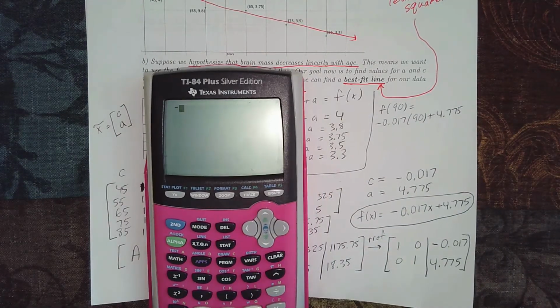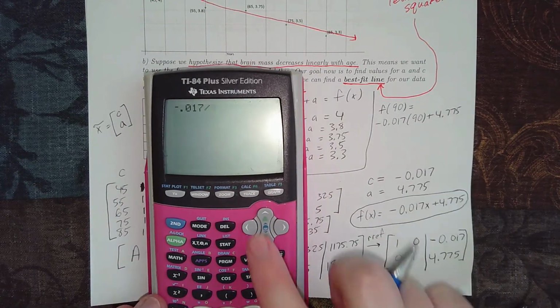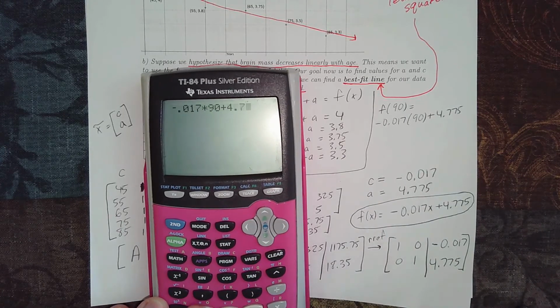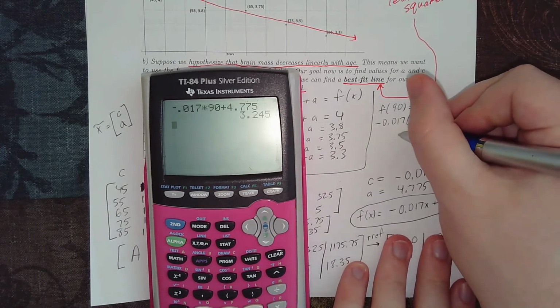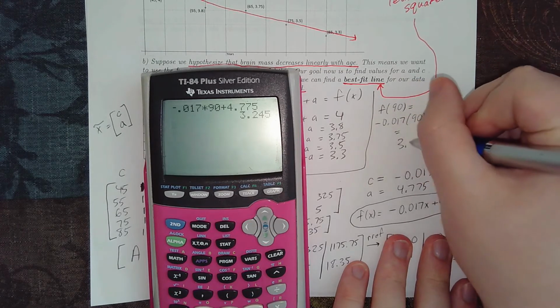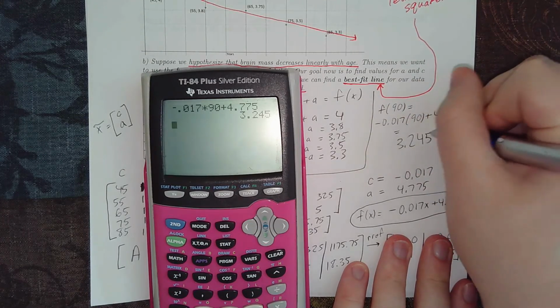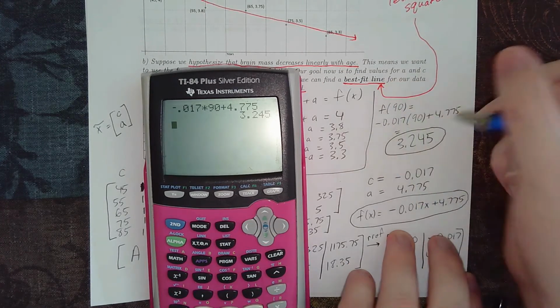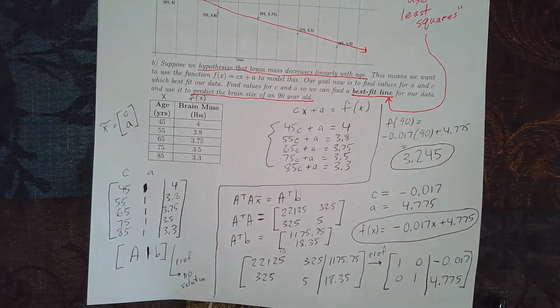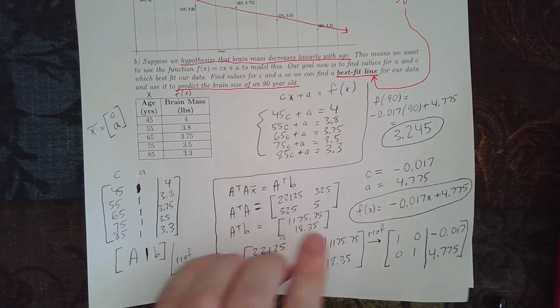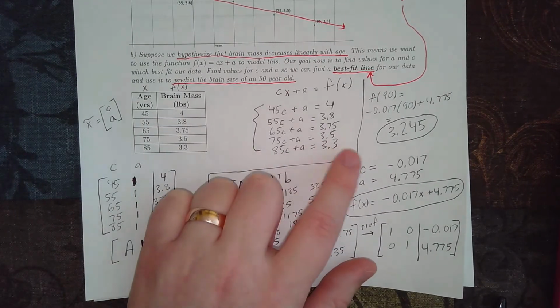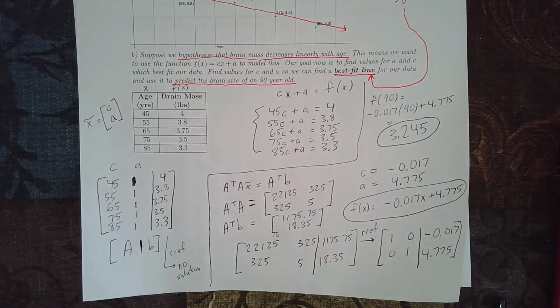So negative 0.017 times 90 plus 4.775, and we should get 3.245. So this is what we would expect the brain mass of a 90-year-old individual to be in pounds based on the equation we came up with.